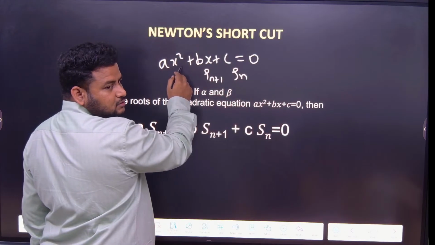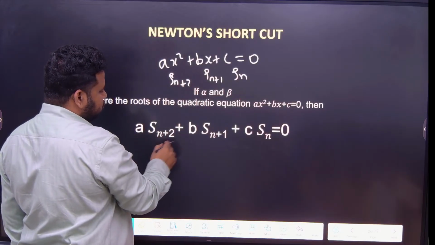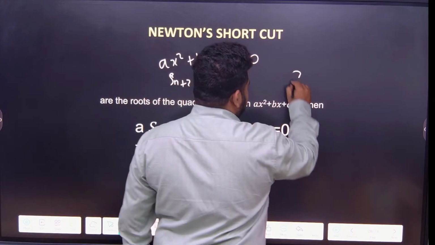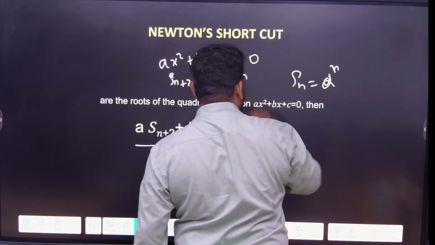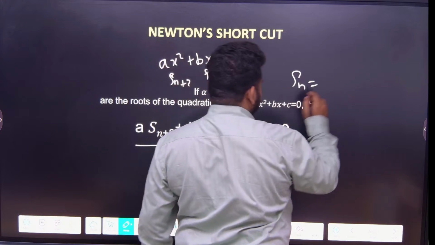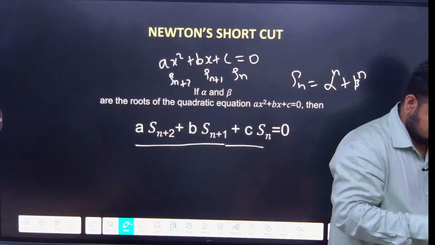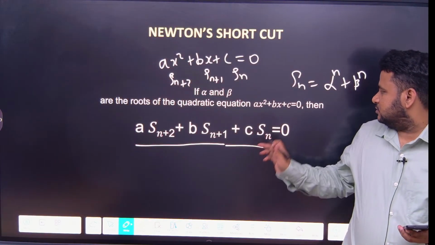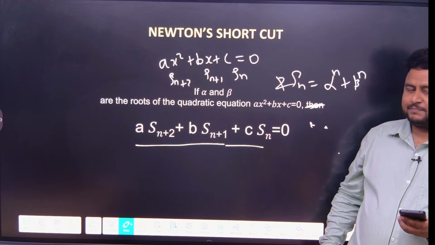Power of x is 2, so we will write it as Sn plus 2. That's how this has come. So we write a into Sn plus 2 plus b into Sn plus 1 plus c into Sn is equal to 0, given that Sn is equal to alpha to the power of n plus beta to the power of n.